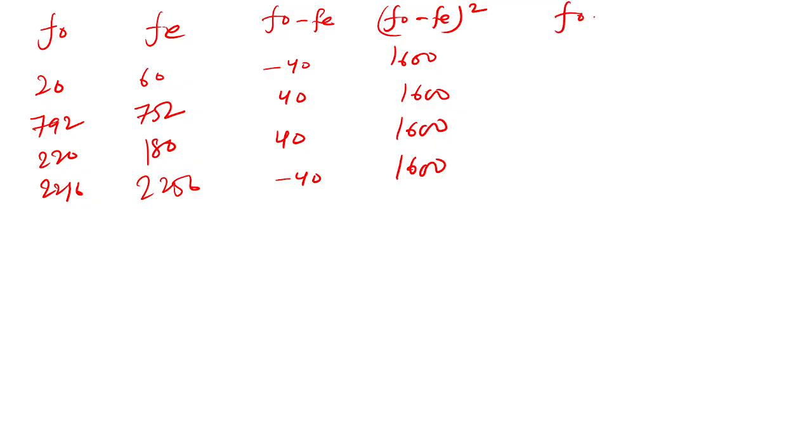So now FO minus FE whole square upon FE. How much will it become? 1600 by 40, how much?